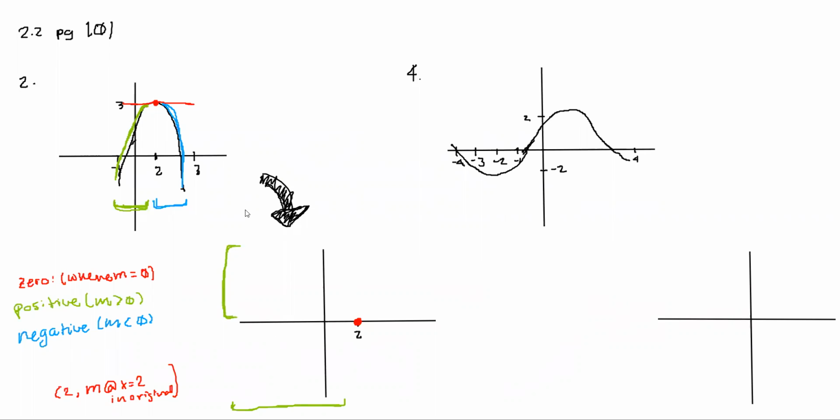Next, I need to ask myself, where along this green line is it most positive? Is the slope larger at this bright green point down here, or at this green point right here? We'll call it the upper green point.